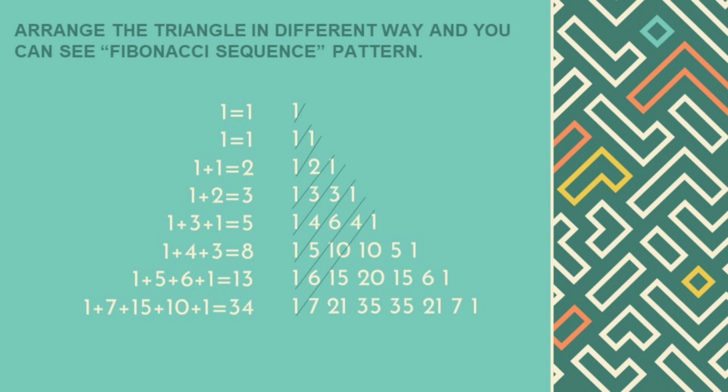By adding together the numbers on each line, we get the sequence 1, 1, 2, 3, 5, 8, 13, 21, and so on, otherwise known as the Fibonacci sequence, a sequence defined by adding the previous two numbers together to get the next number in the sequence.